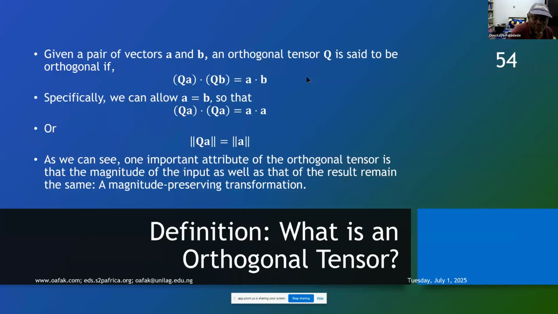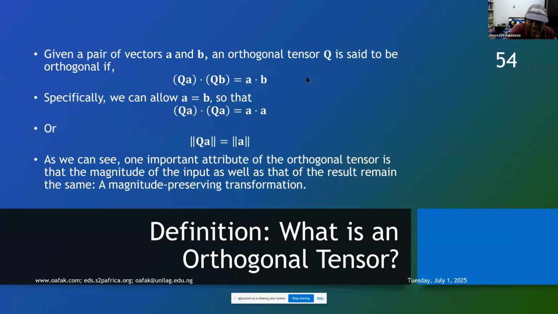Given a pair of vectors A and B, a tensor Q is said to be orthogonal if QA dot QB gives you the same result as A dot B. Specifically, if we allow A to be equal to B, that is QA dot QA gives you A dot A.